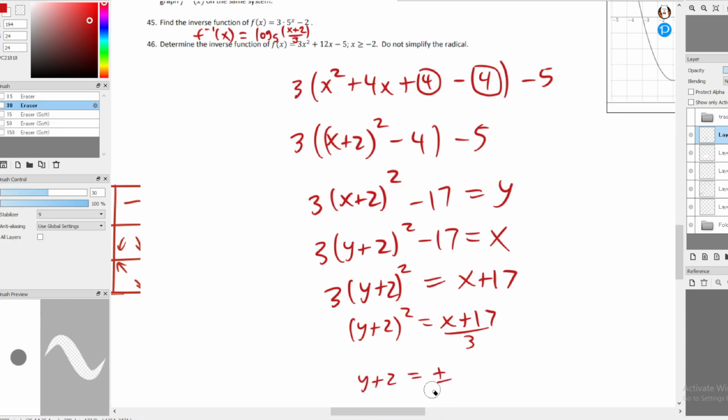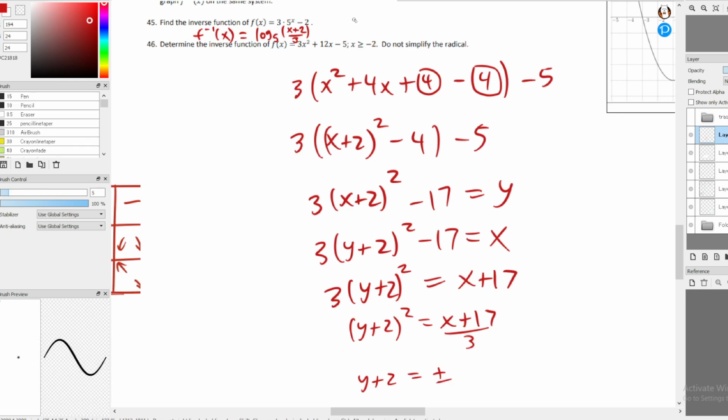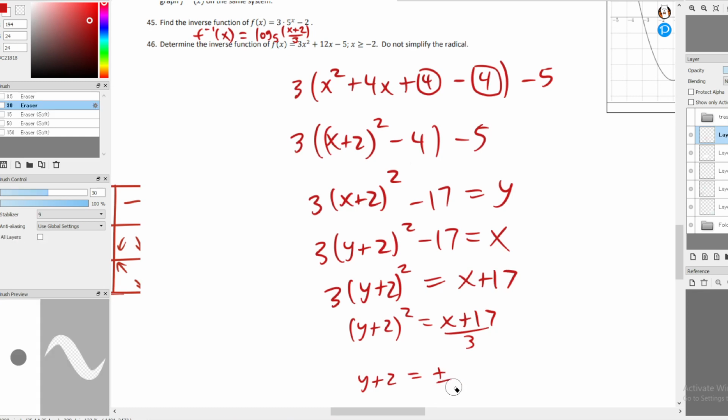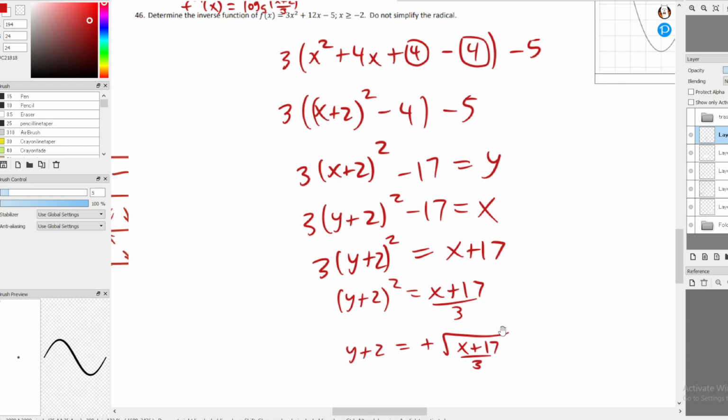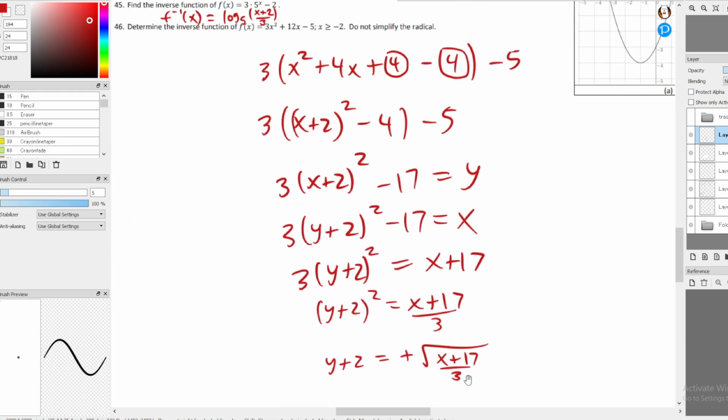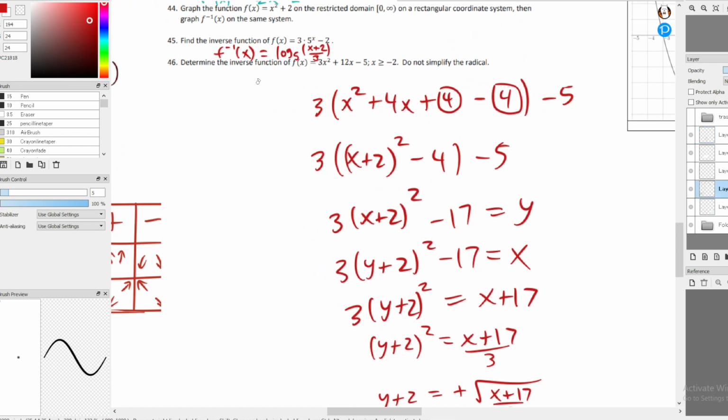Now, here's where the restriction gets important. Because it's everything bigger than negative 2, we're actually going to be dealing with the plus side. So it'll be plus the square root of x plus 17 over 3, and we'll minus 2, which will give us f of negative 1 of x is equal to negative 2 plus the square root of x plus 17 divided by 3. And that is the answer for 46.